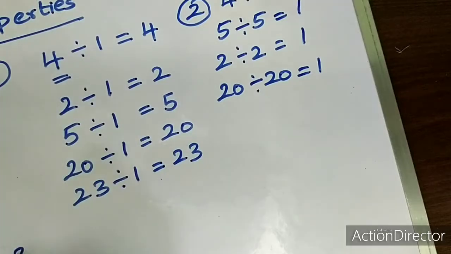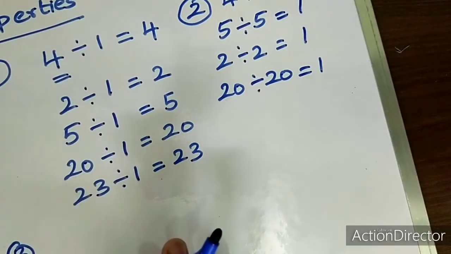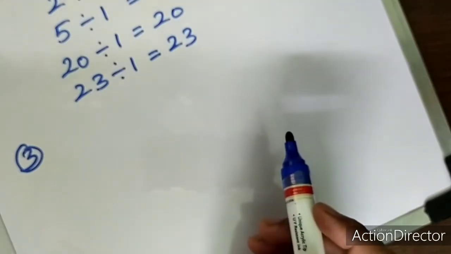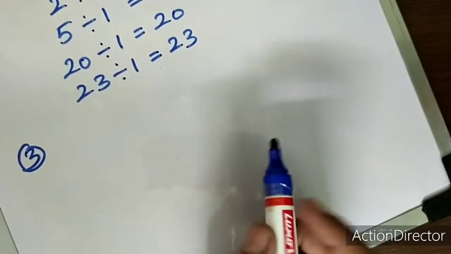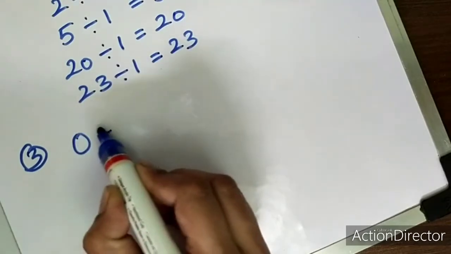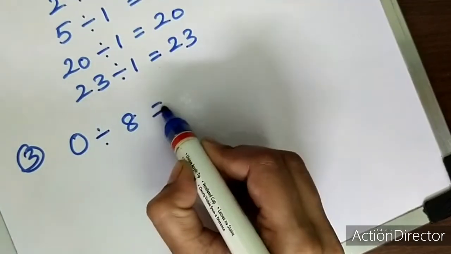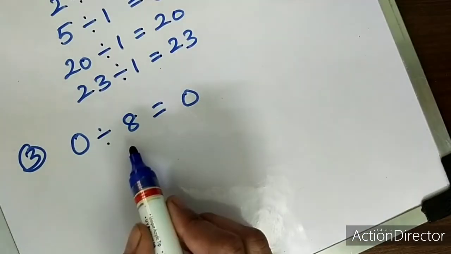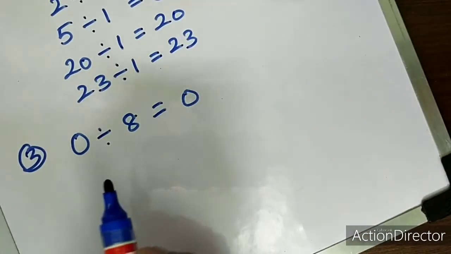Okay, next, third property. What is the third property? So 0 divided by any number gives the quotient 0. So 0 divided by 8 is 0. Any number 0, if you divide by a number, the answer will be 0.